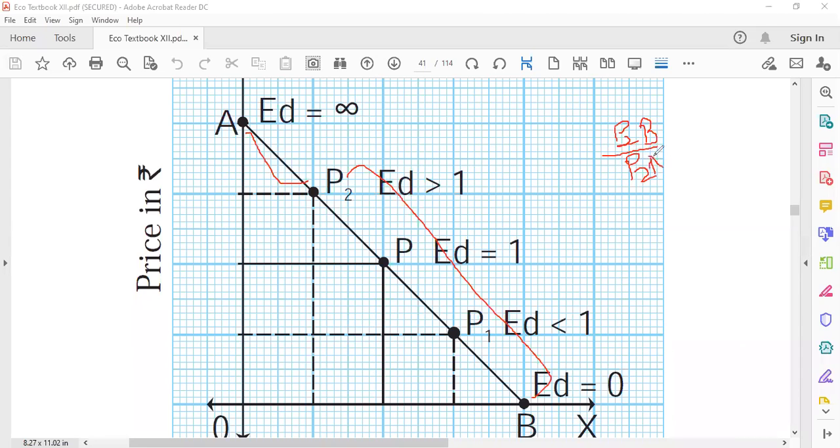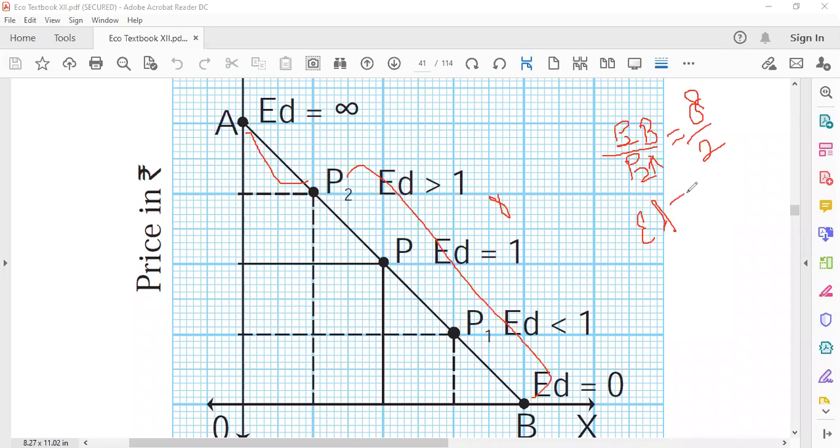We can see that P2B is greater than P2A. Let us say that P2B is equal to 8 and P2A is say 2. So what will be the elasticity of demand then? So elasticity of demand कितना आएगा यहाँ पे?